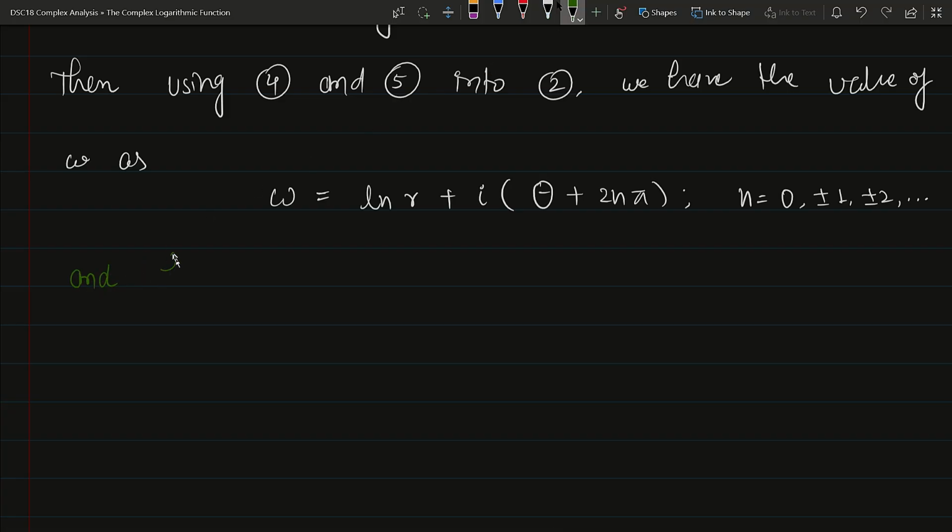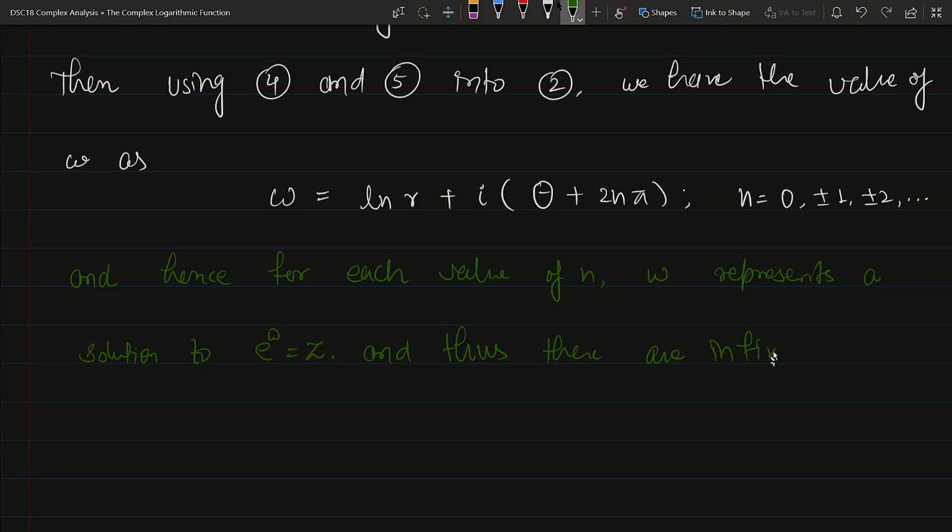And hence, for each value of n, w represents a solution to e to the power w equals z, and thus there are infinite solutions to the equation e to the power w equals z.